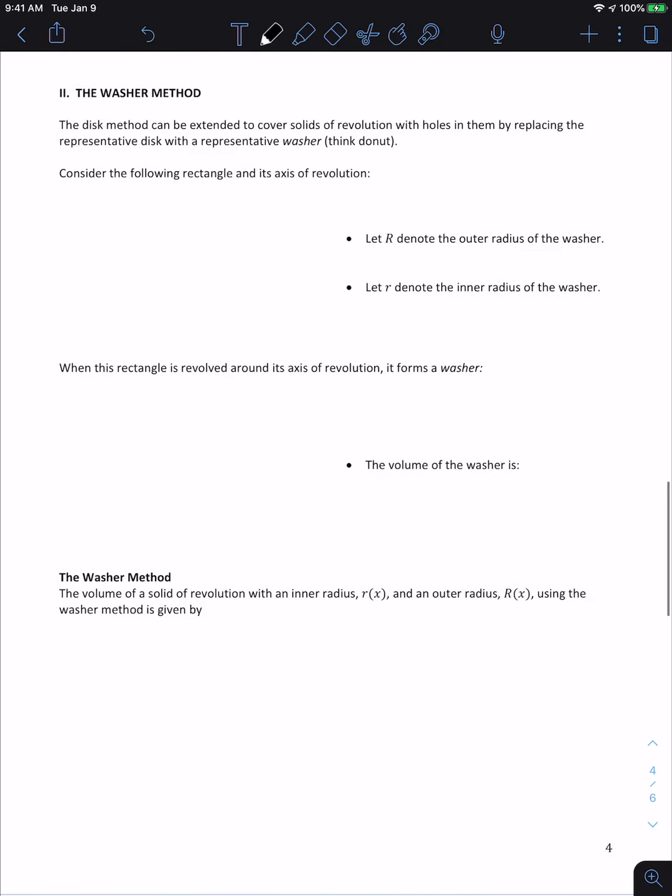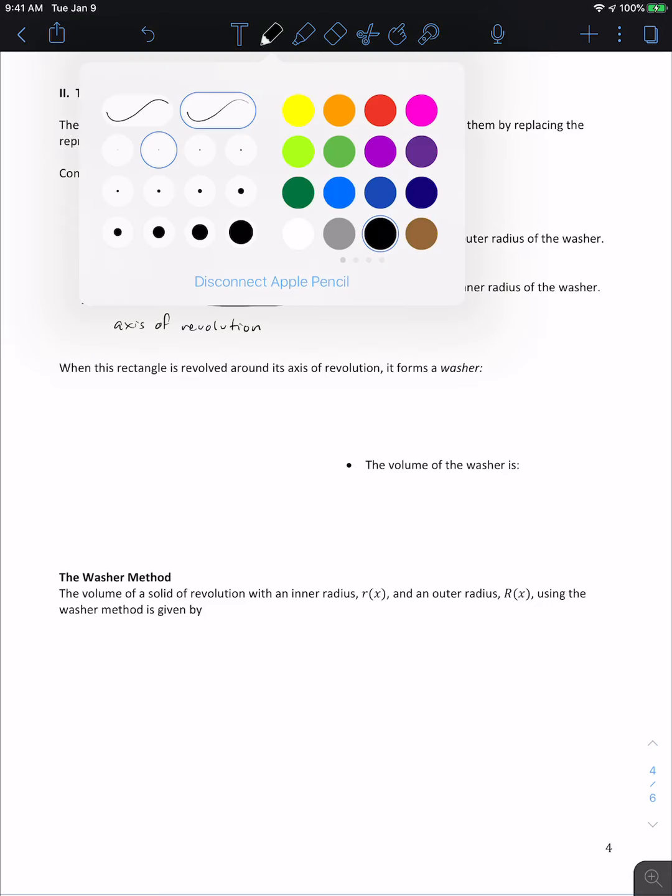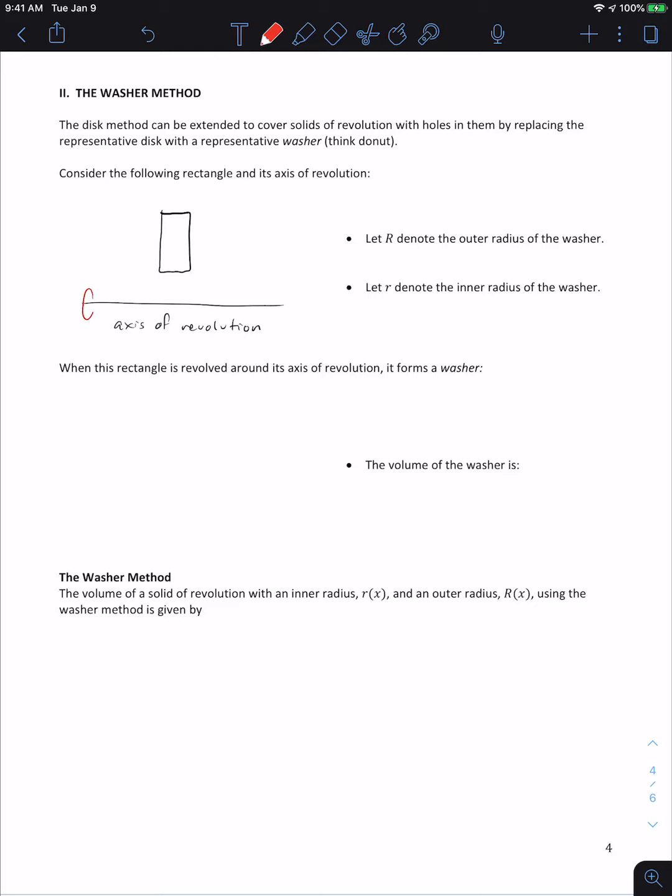So for example here, say this is my axis of revolution, and now my rectangle looks like this. I'm going to take this rectangle, and once again, revolve it around the axis of revolution to create a donut instead of a disk.